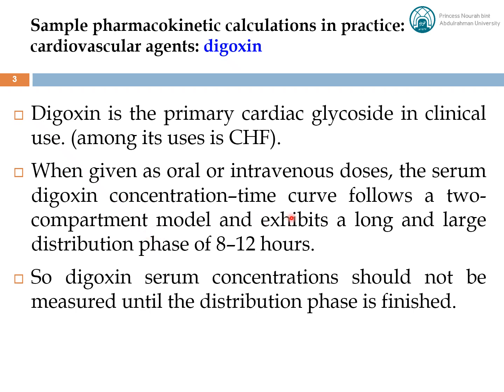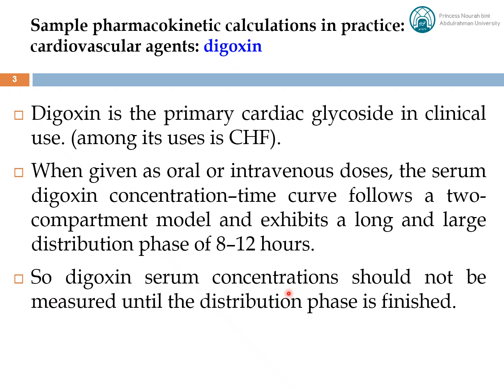the concentration time curve, and it will exhibit a long and large distribution phase. It could range from 8 to 12 hours. Remember the distribution in the previous topic when we were talking about the aminoglycoside gentamicin. We discussed a 1 hour administration period and a half hour administration period, and that the distribution will be achieved after 1 hour of administration rather than an 8 to 12 hour period.